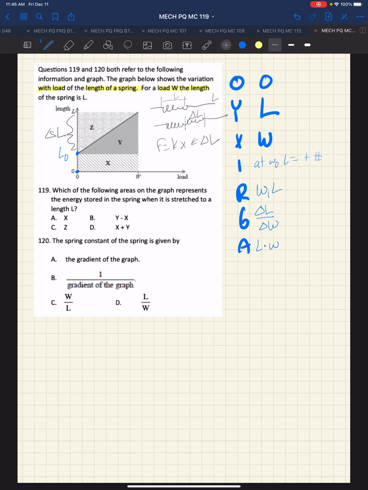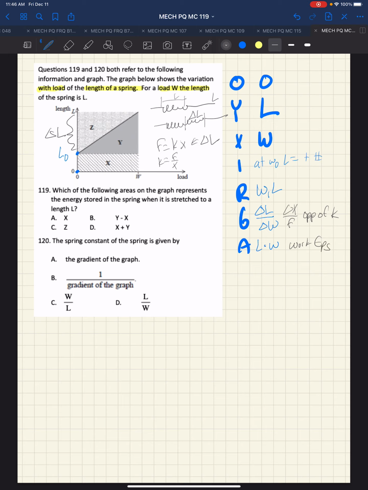So that means the gradient is the change in length, delta x, over the load, the weight, which is the force. Now when we take F equals Kx and rearrange it, we have K equals F over x. And the gradient is the opposite of that. So it's the inverse of the spring constant, K. And so then the area will represent the work, or the elastic potential energy of the spring.